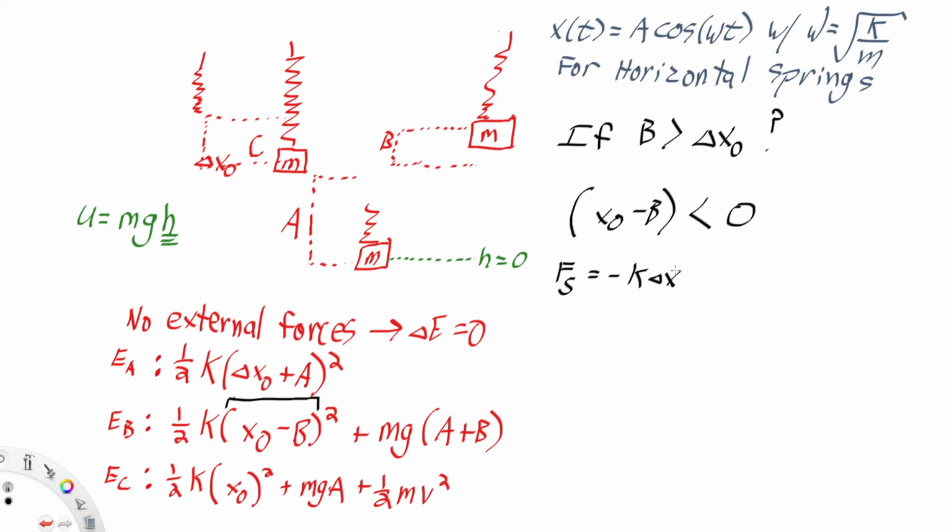What does it mean if delta x is negative? We've been talking about Hooke's law for a couple of classes now. So what does it mean if we have a negative value for delta x?